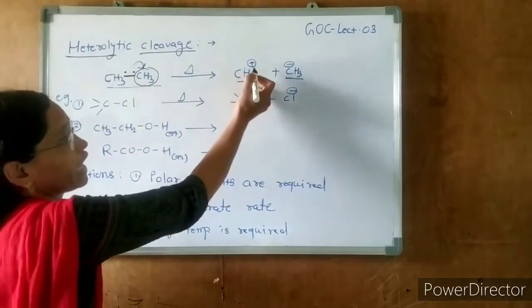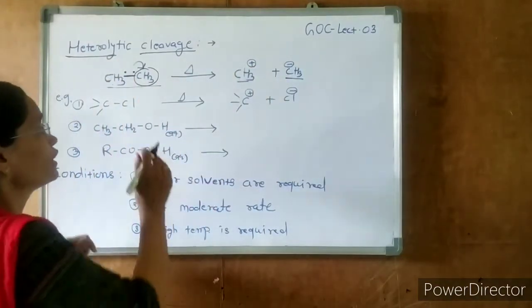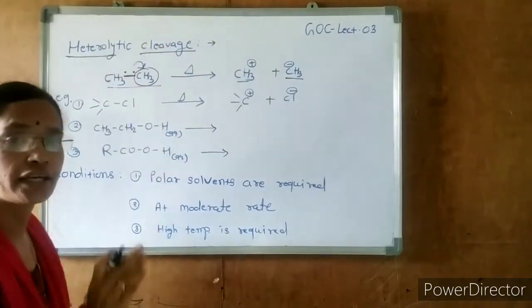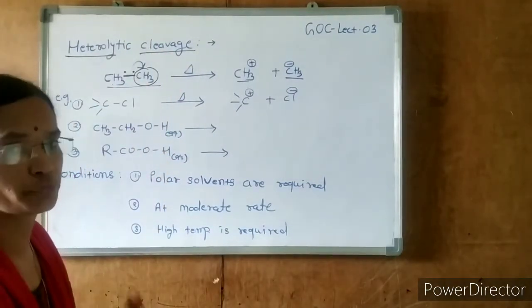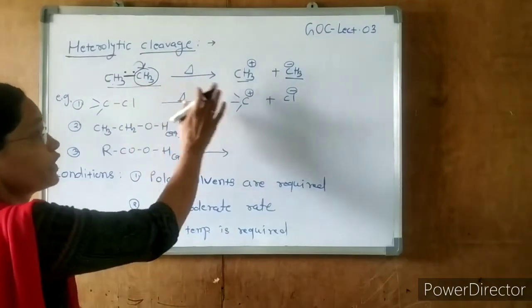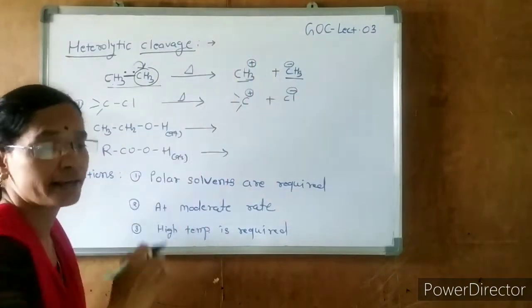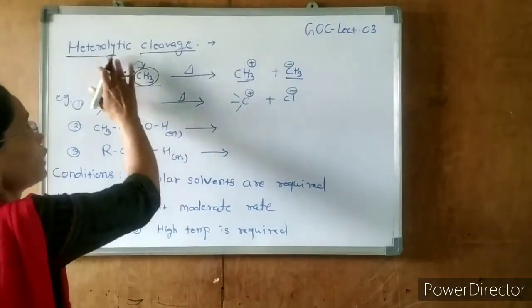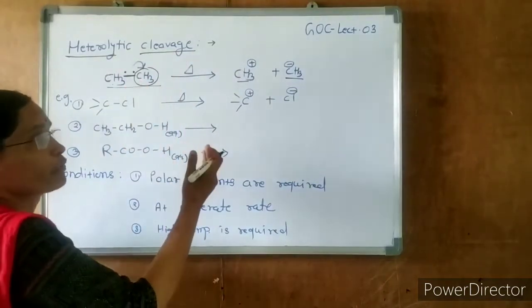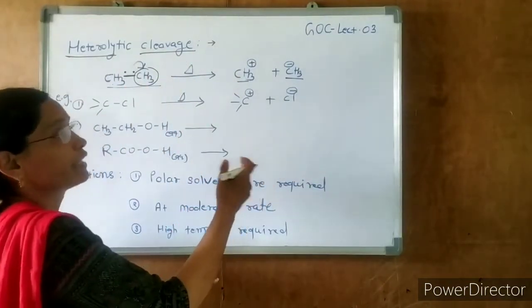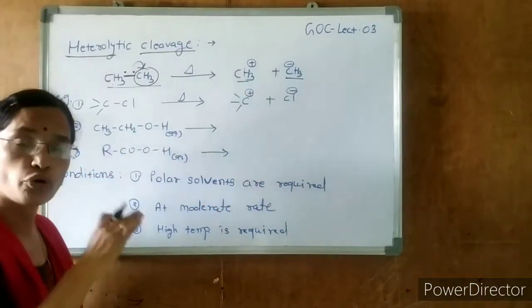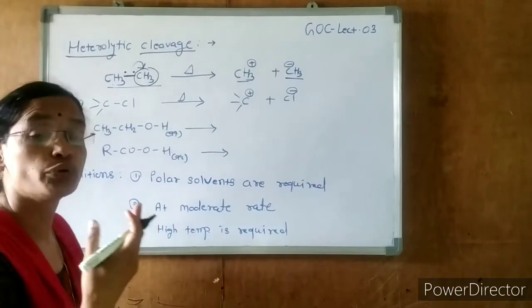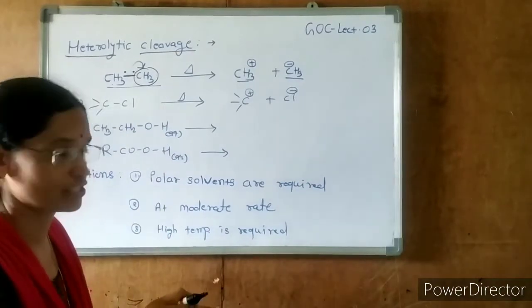That's why it will acquire a plus charge. This means in heterolytic cleavage there is a formation of charged species, that is cations and anions. On the other hand, in homolytic cleavage there is a formation of neutral species rather than charges, right?